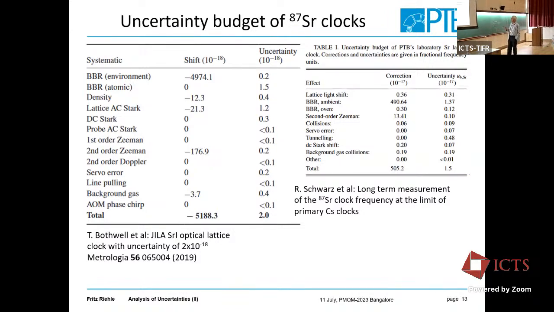But PTB also operates a strontium clock, and I have looked at this a few years earlier, and then the budget looks completely different, in a way that the total uncertainty is an order of magnitude higher. So it depends on the actual state of how you operate your clock.